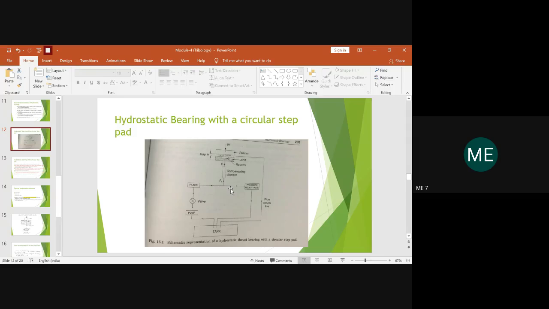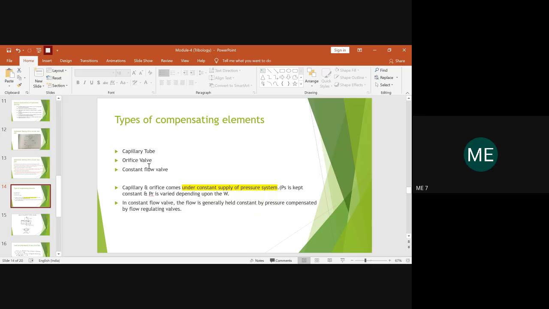So for that purpose, they assume the PS value to be constant. If you use either a capillary tube or an orifice valve, in both cases PS will be held constant.